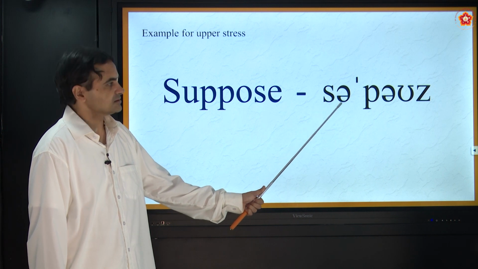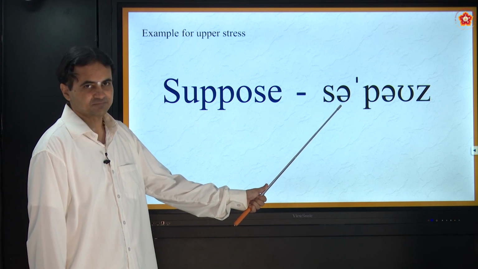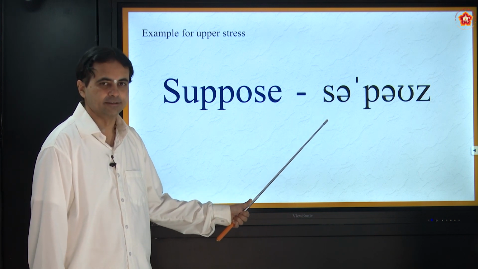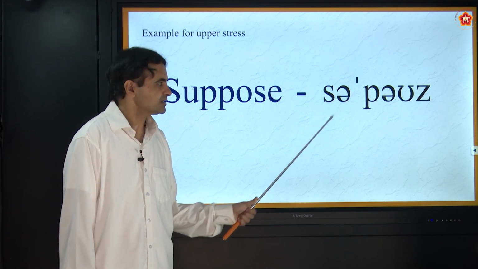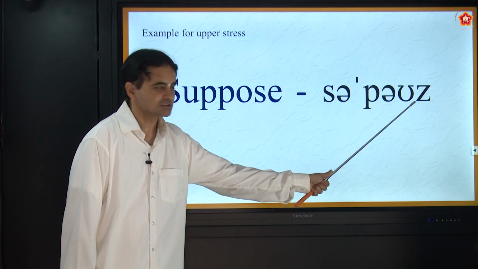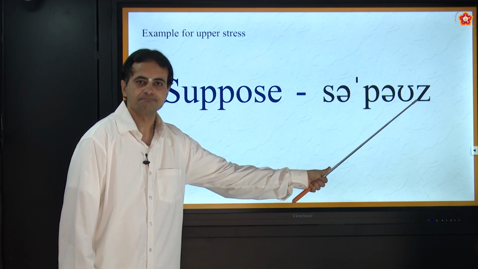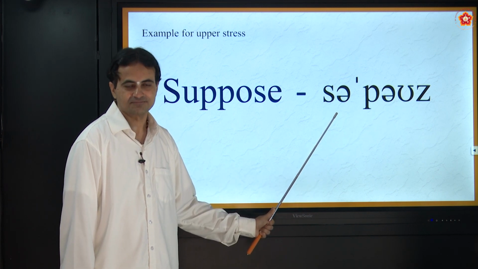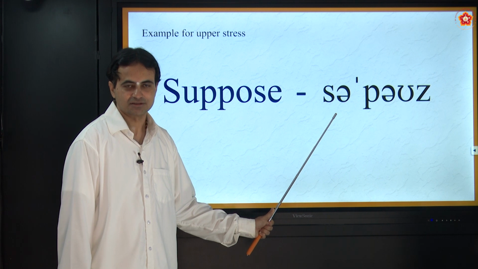S has no lower stress, therefore it is feebly pronounced, it's almost not heard. Whereas here there is an upper stress: pause. This is one syllable, pause. So this becomes pause.